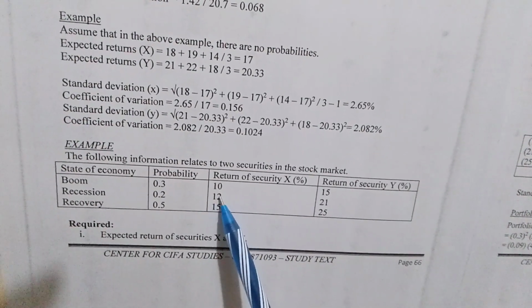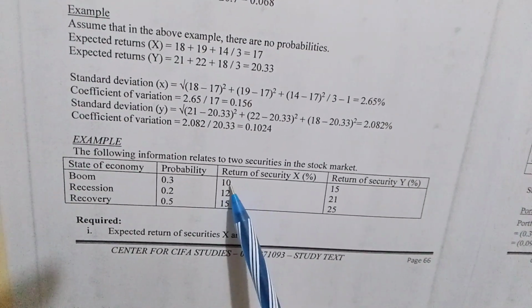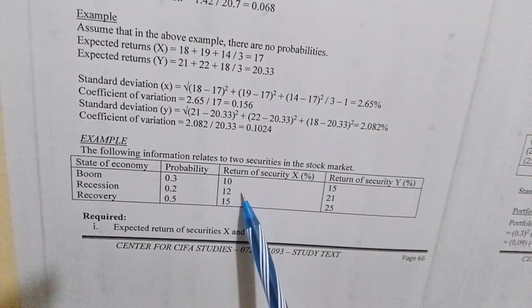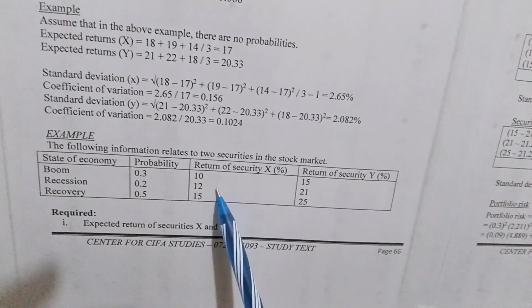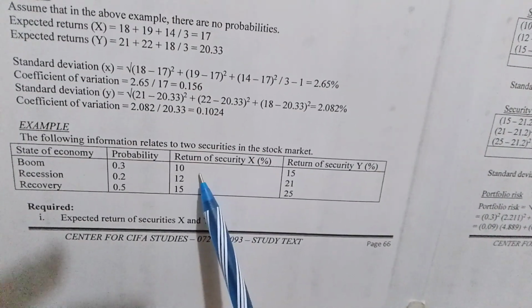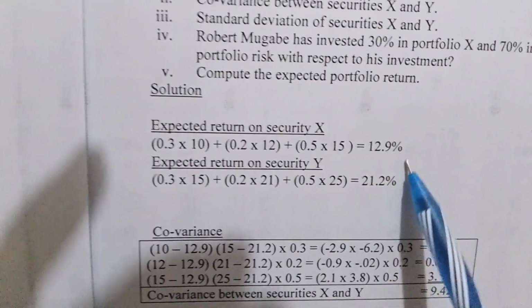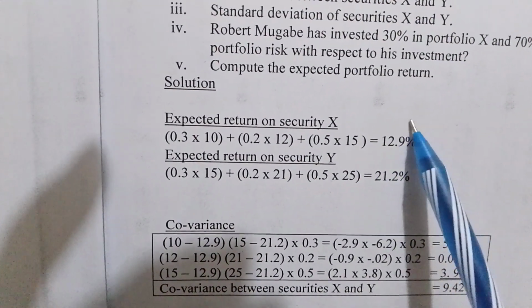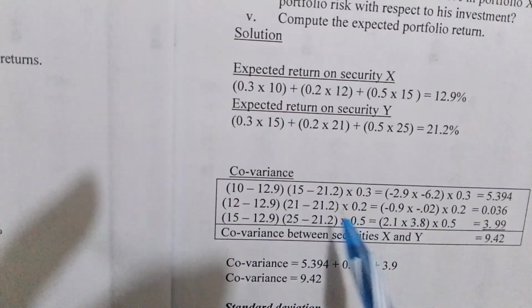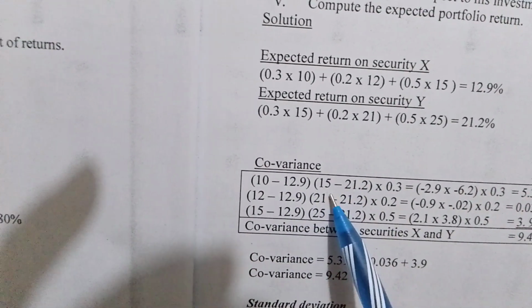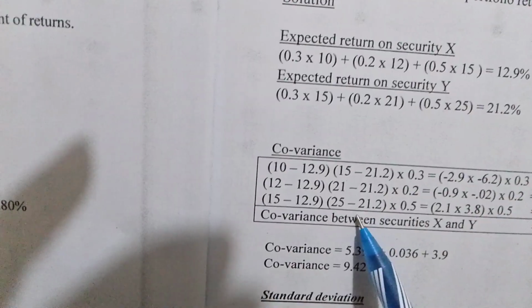For covariance, you'll be taking 10 minus the expected return on security X, which you have calculated. So 10 minus 12.9. This is what you can see here. 10 minus 12.9 into brackets 15 minus 21.2.